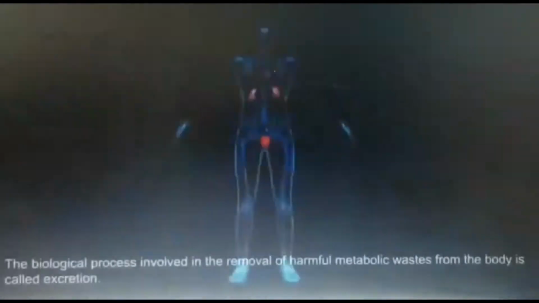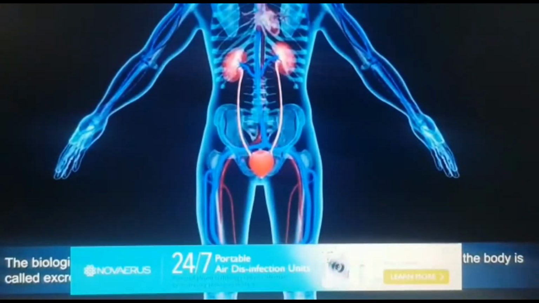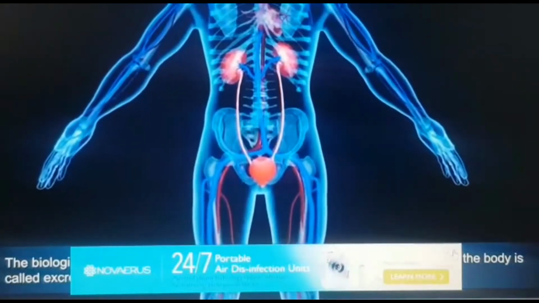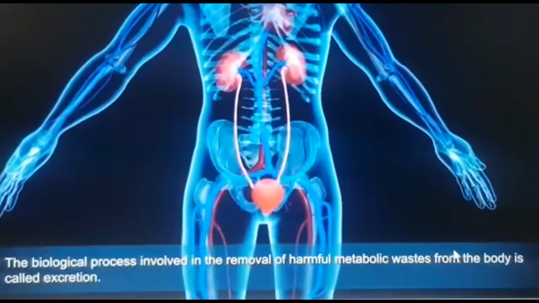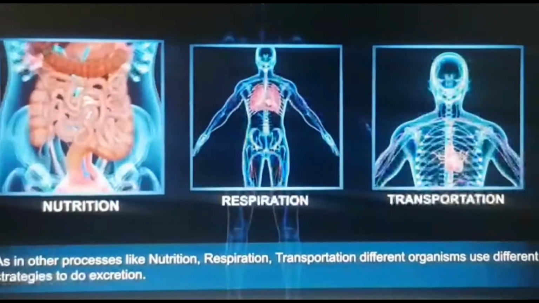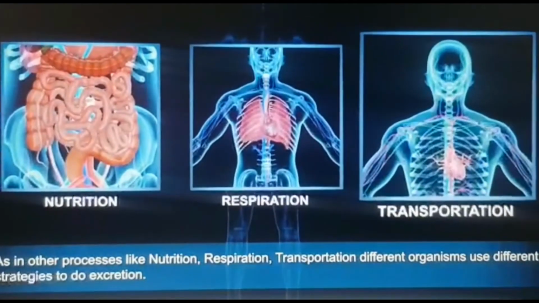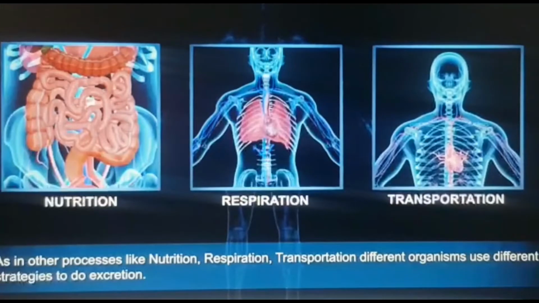Let us see this video on biological excretion. The process involved in the removal of harmful metabolic wastes from the body is called excretion. As in other processes like nutrition, respiration, transportation, different organisms use different strategies to do excretion.